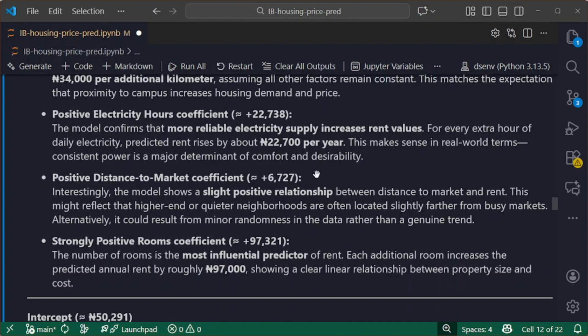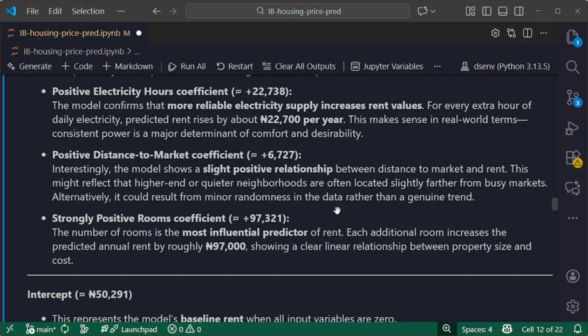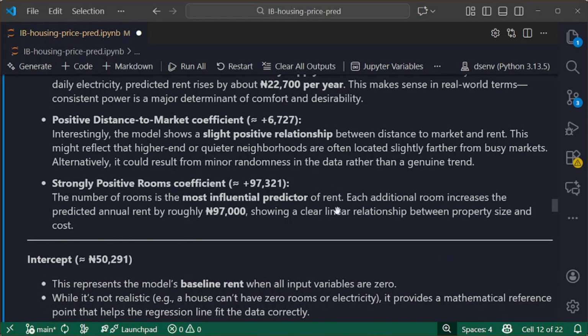Positive distance to markets: like we saw, ideally the closer you get to the market, the more the annual rent should be. However, it is not true for certain places, which is why it is a slight positive relationship, not a very intense positive relationship, because there are certain places that will just be outliers, because that's the sweet spot.